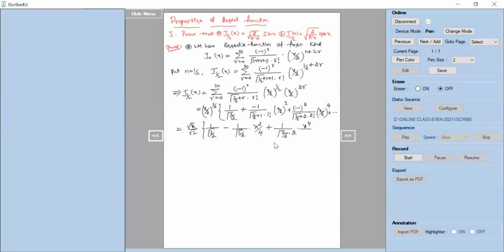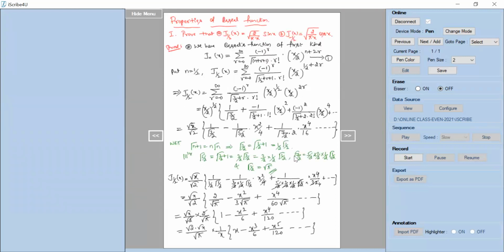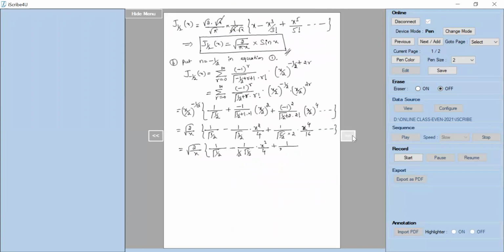Gamma 5 by 2 was expanded here. It is 3 by 2 into 1 by 2 into gamma 1 by 2, and outside there is 2. 2 into 16, I can write 32, x power 4 by 32, and so on.